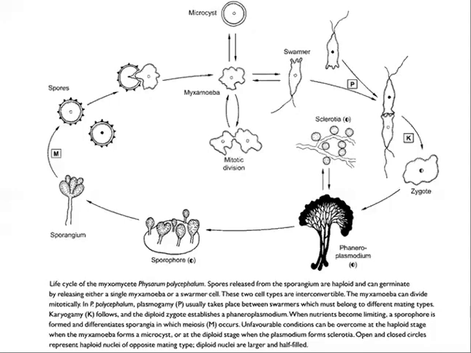Plasmodia can be maintained for prolonged periods in the vegetative state, and sclerotia can be stored dry for months. Spores can be viable for up to 50 years or more. The spores of Physarum polycephalum have been revived after more than 50 years of storage in a herbarium.